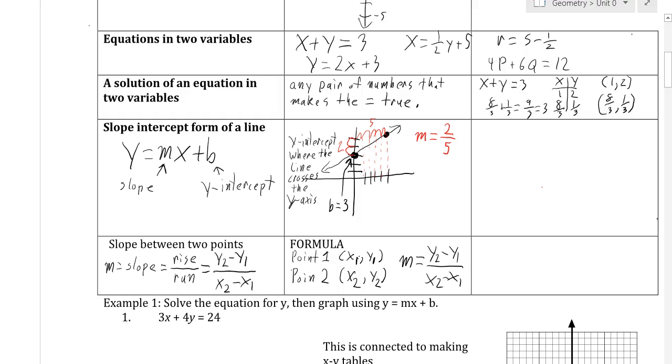So the slope-intercept form of a line is how we write the equation of our line, plugging in the slope, m, and plugging in the y-intercept, b. There's the equation of this whole line. So not only are we getting the point where the y-intercept is, but we're getting the fractional point that's represented here.